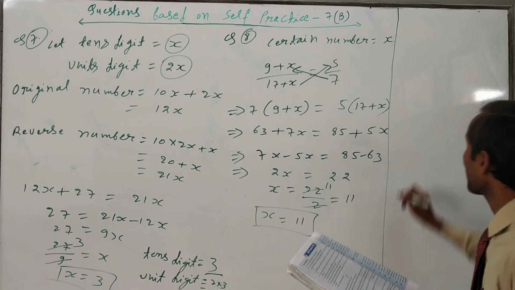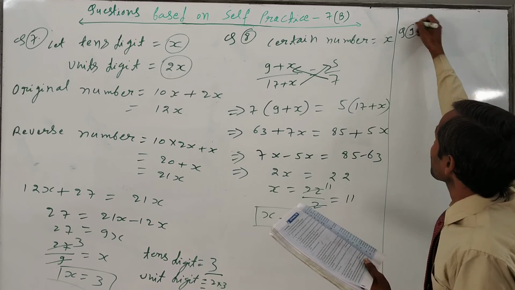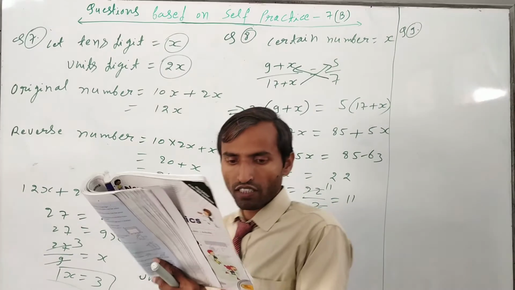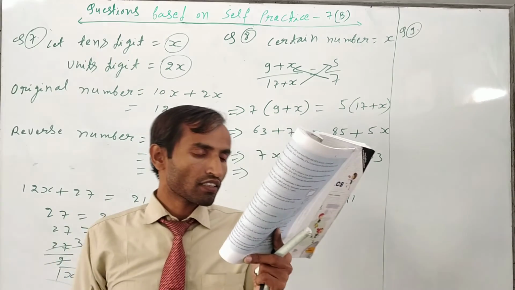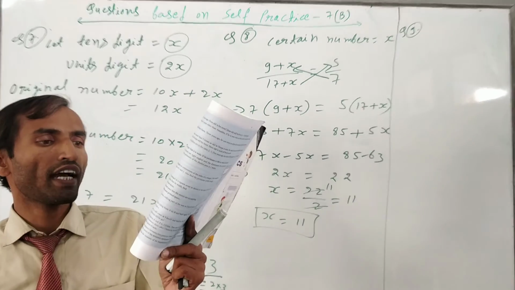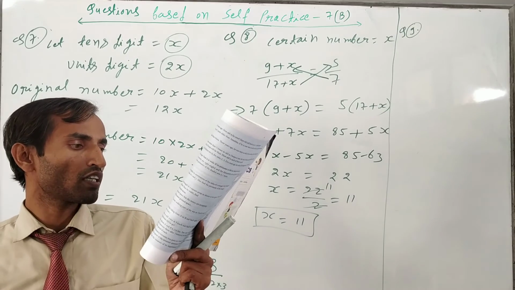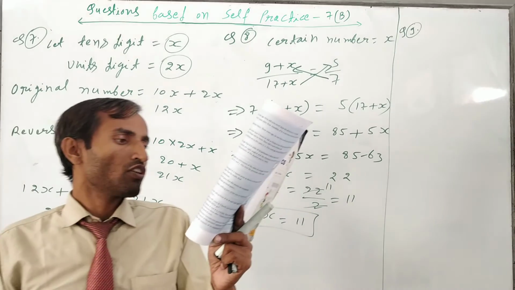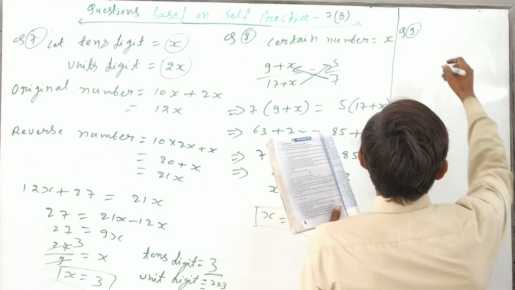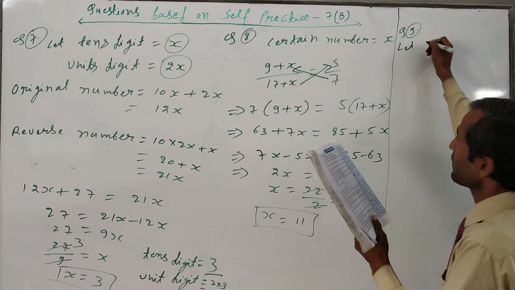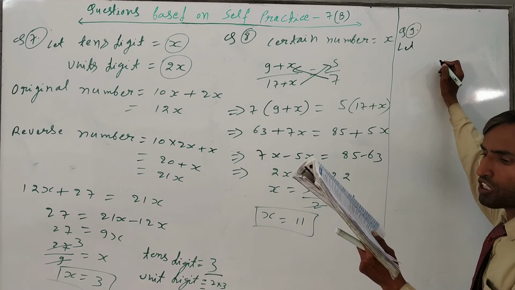So question number 9. First of all, read the question number 9 and understand. Find 4 consecutive odd numbers such that 3 times the larger number added to twice the smaller number is equal to 93. Which of these are prime numbers? Okay. So first of all, let's suppose, question is asking 4 consecutive odd numbers.